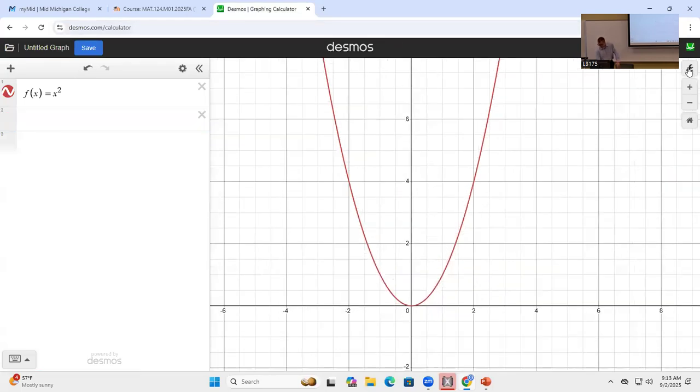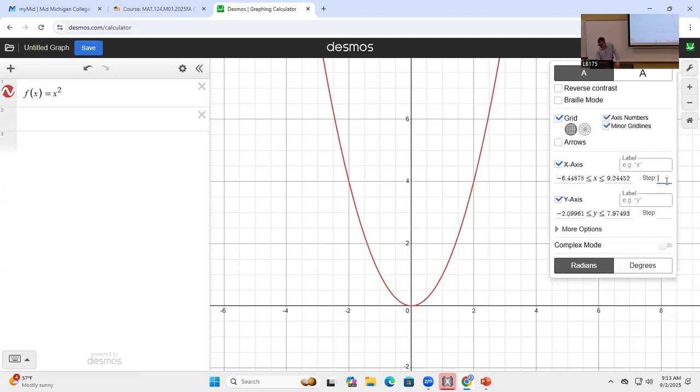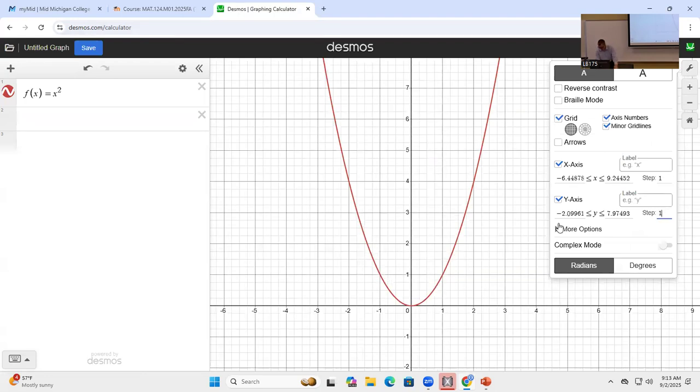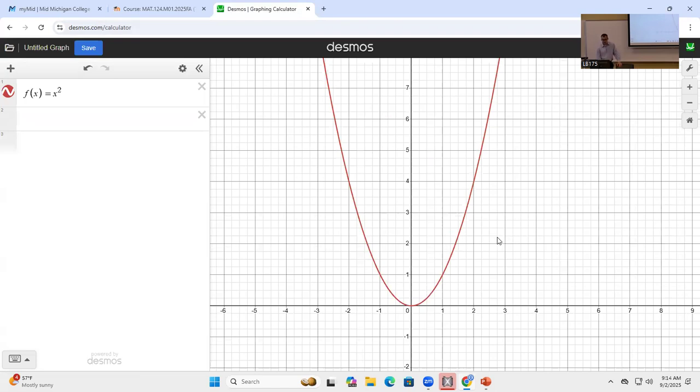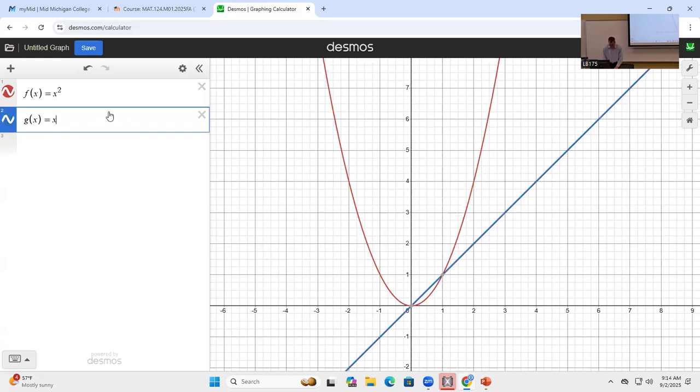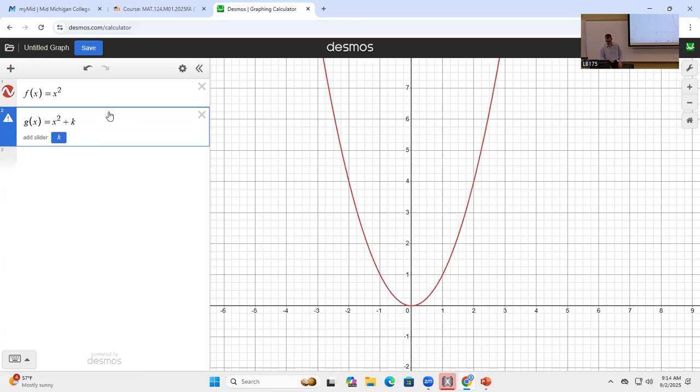So this is our base quadratic. Gives me a parabola. And then I'll make another function, I'll call that one g of x, is equal to x squared plus some value. Let's do actual numbers for a moment.